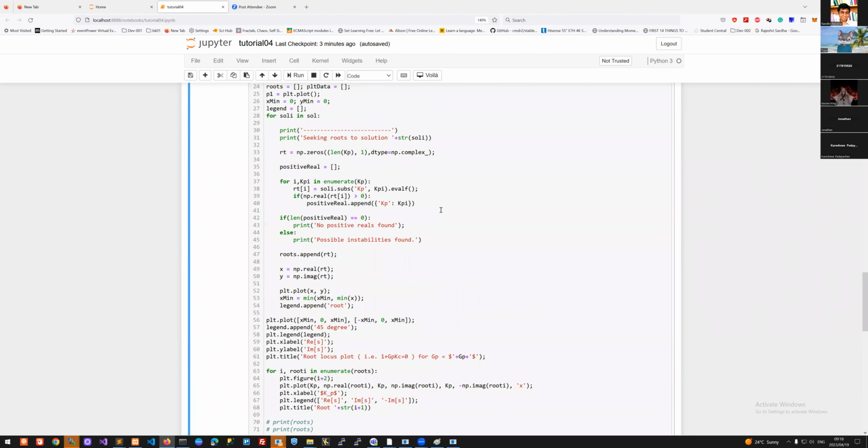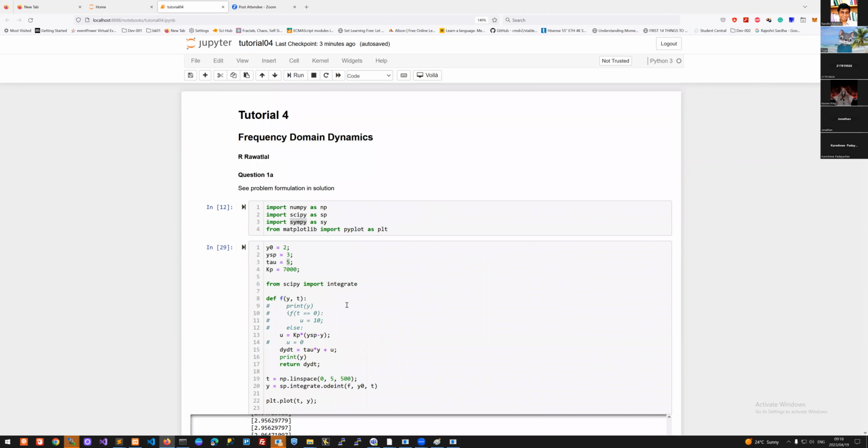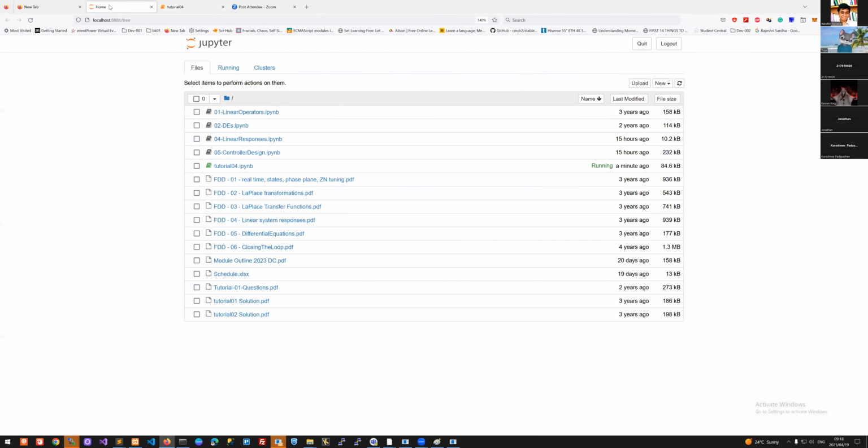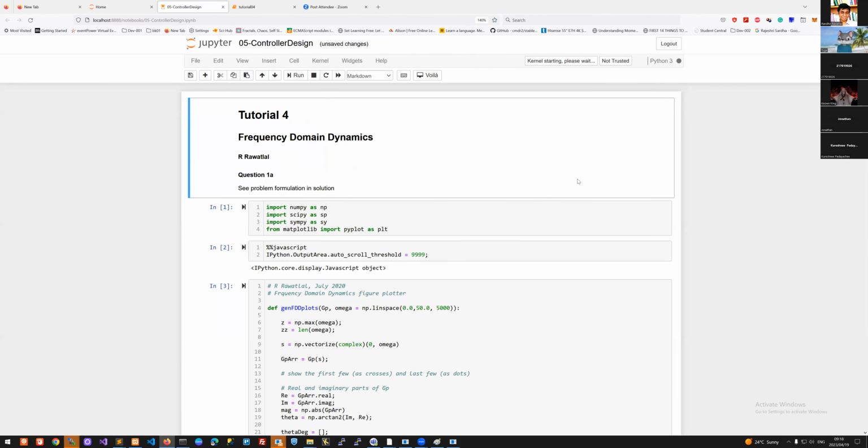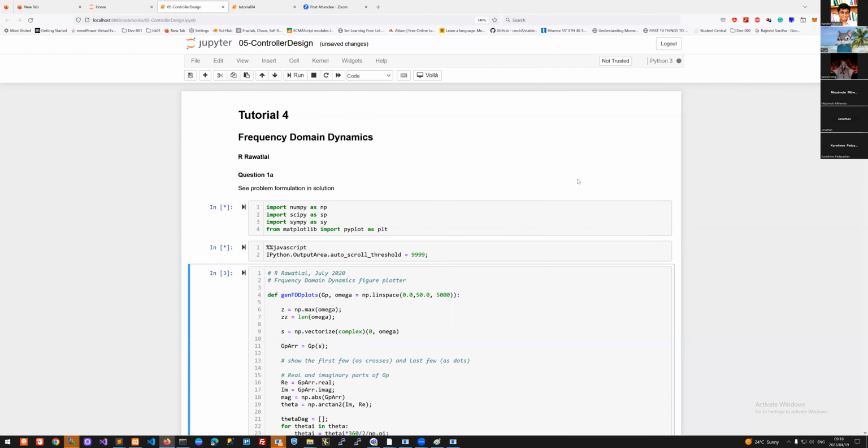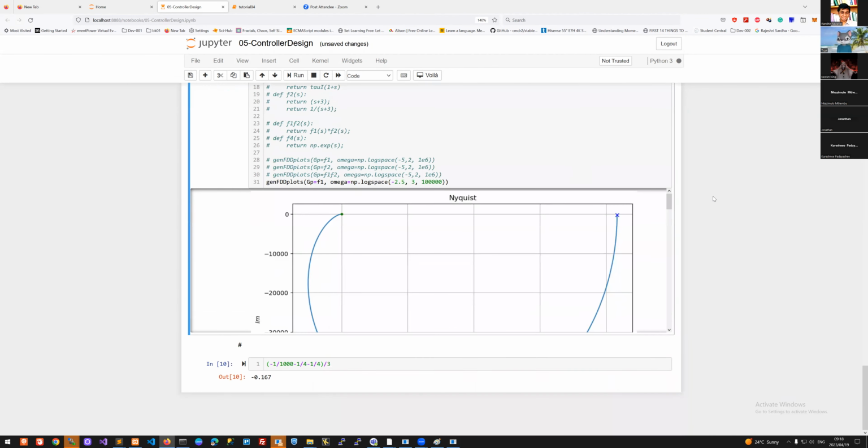And so if you can find the equivalent time domain for this, I think I might have it, so let me try and find that. There is a second order one here, I think. No, that's not it.